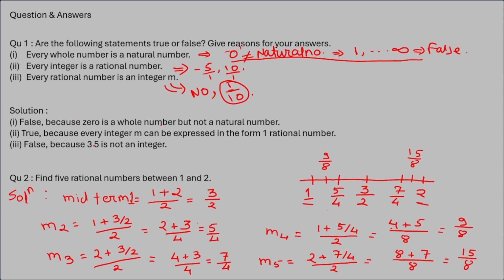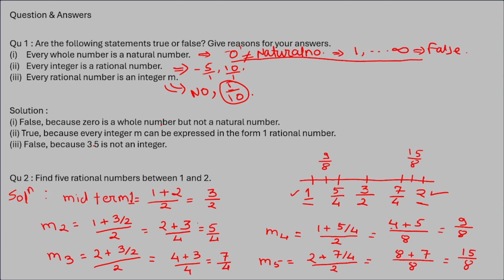You know 1 is also a rational number because it is a natural number. 2 is also a rational number. All natural numbers are rational numbers. So you can find a midpoint between these two, and that will also be a rational number.